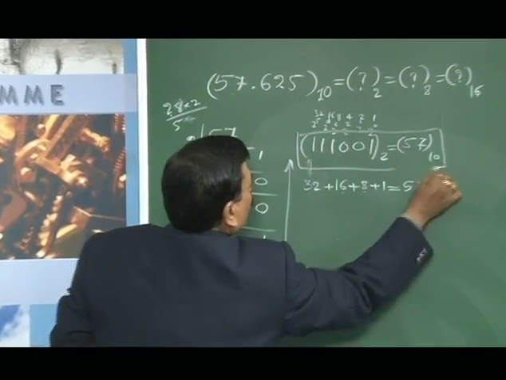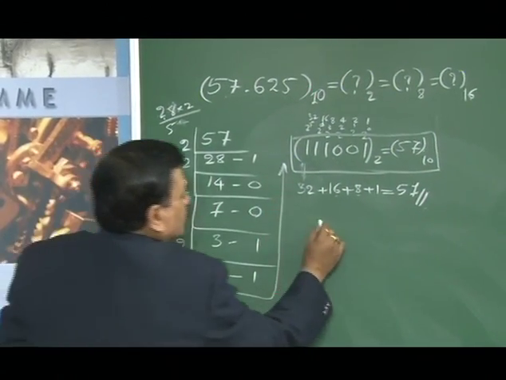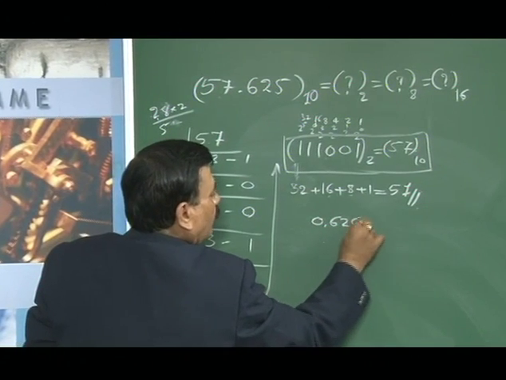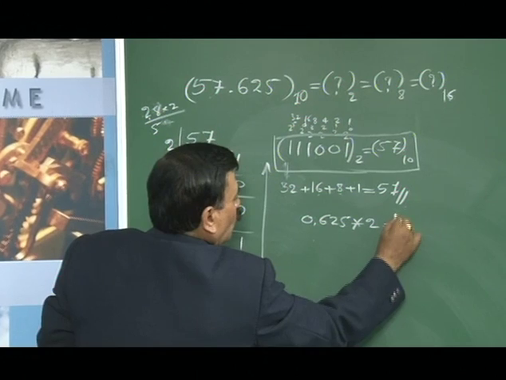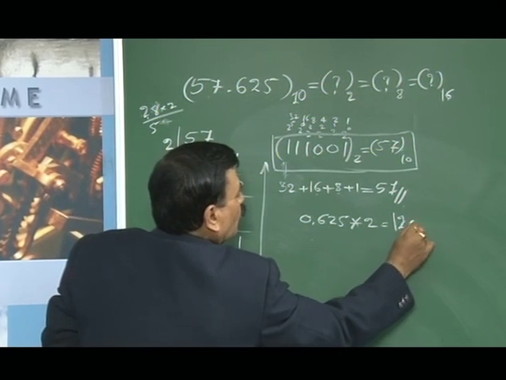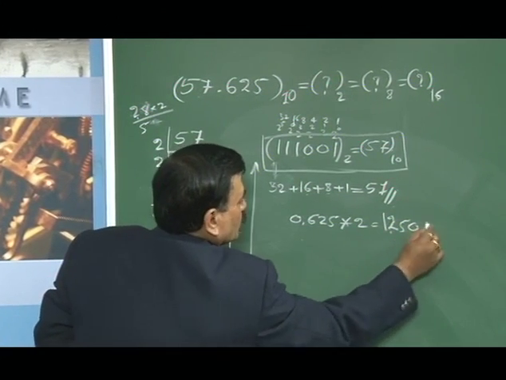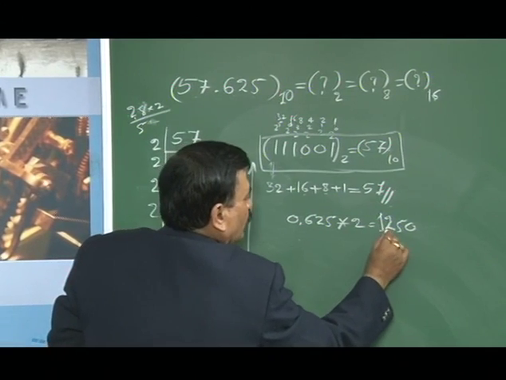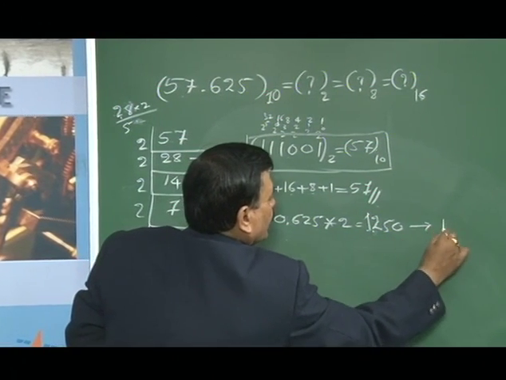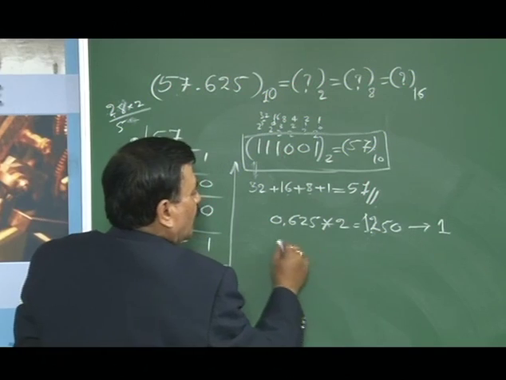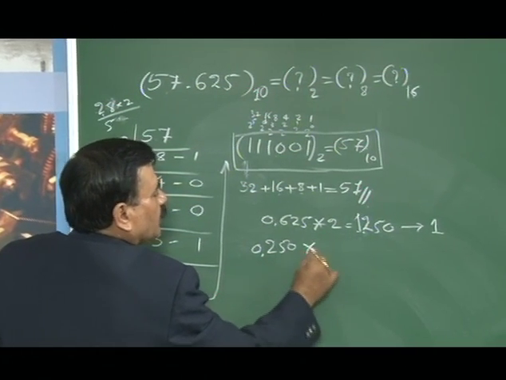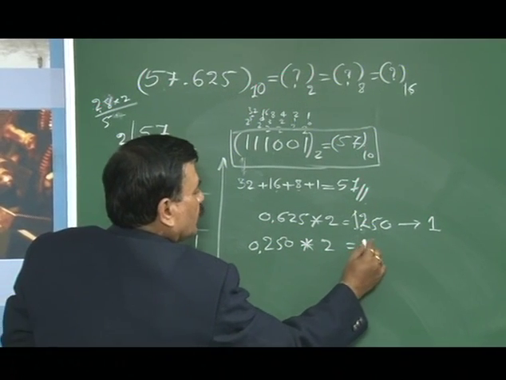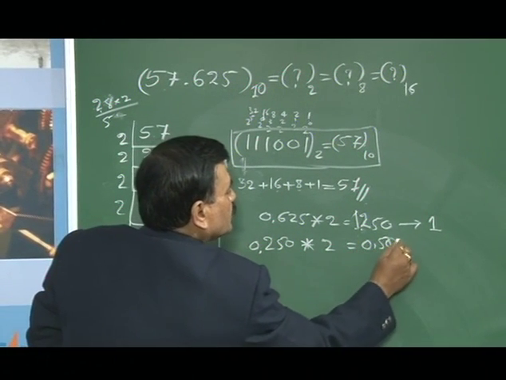So then what we can do, we can take this 0.625, then we have to multiply by 2. This is going to give 1.250. So the carry is generated, hence we are going to take this as 1. After that only 0.250 we are going to multiply with 2, that is going to give a result of 0.500.